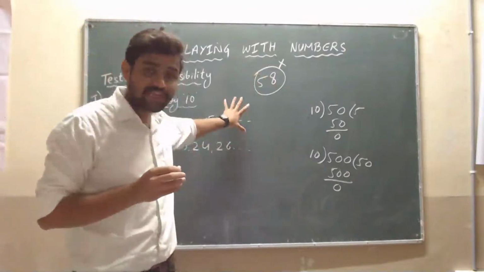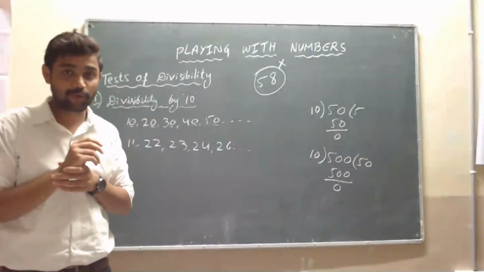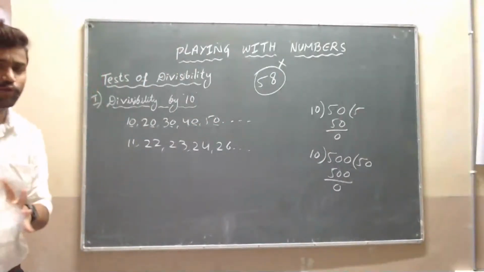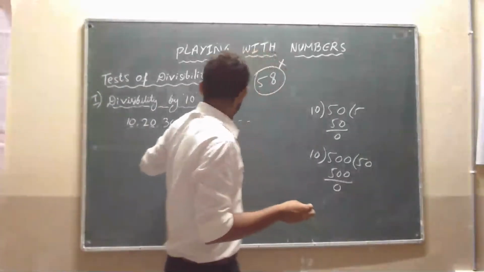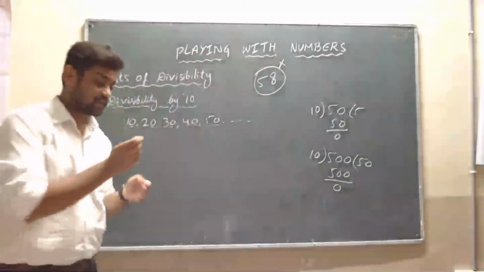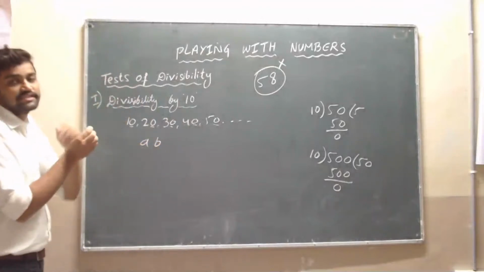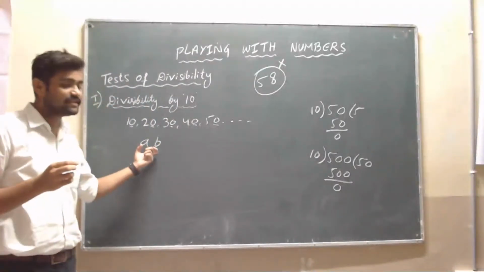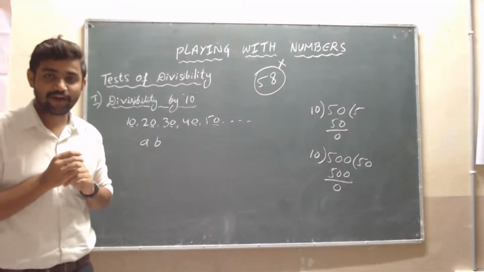This is the same, but how can it be proved by a rule? The rule is very easy. See here, I will take a 2-digit number, suppose AB is a 2-digit number. What is the expanded form of the 2-digit number AB?